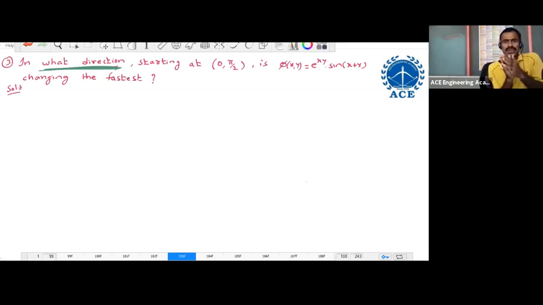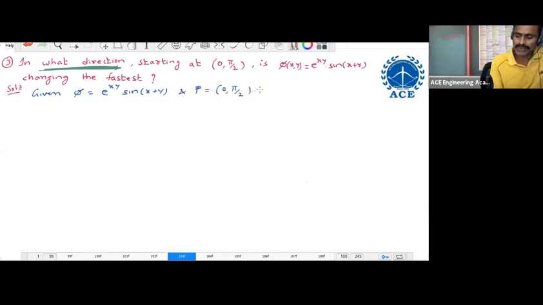That is why the maximum occurs in the direction of the normal only. Again, normal is grad phi. So we have to find the gradient of the scalar function. Given phi equal to e power xy into sine of x plus y, and the point capital P equal to (0, pi by 2).